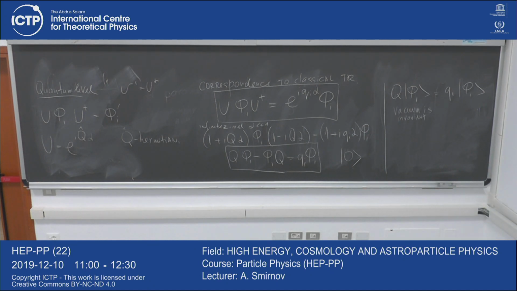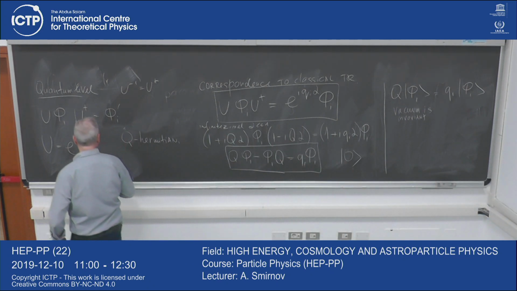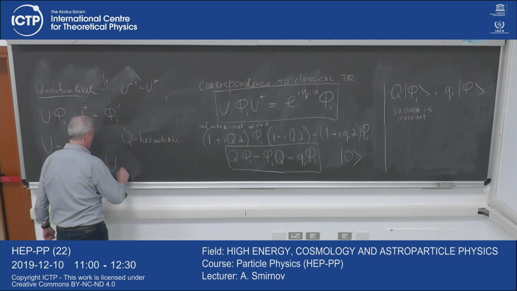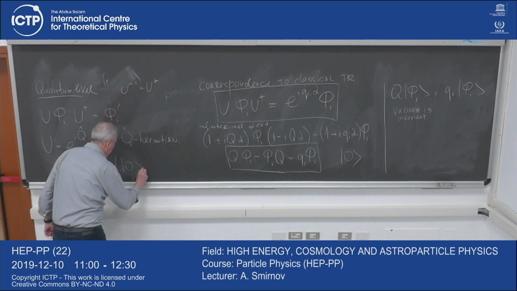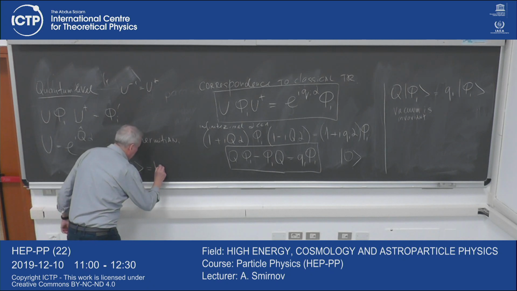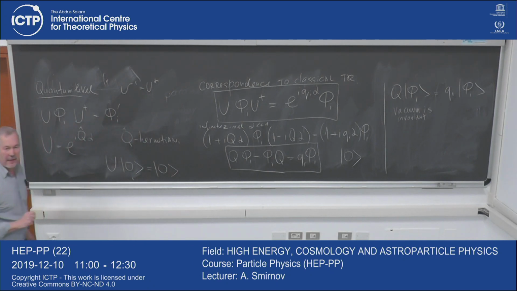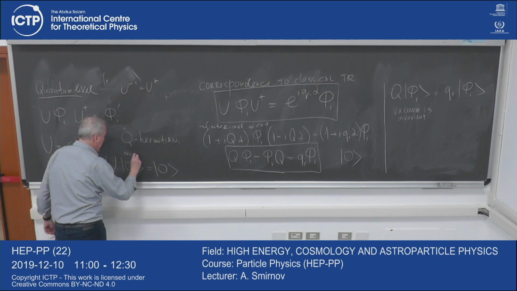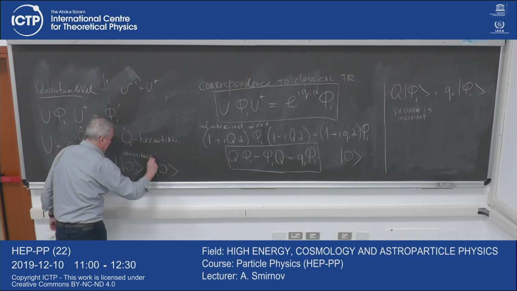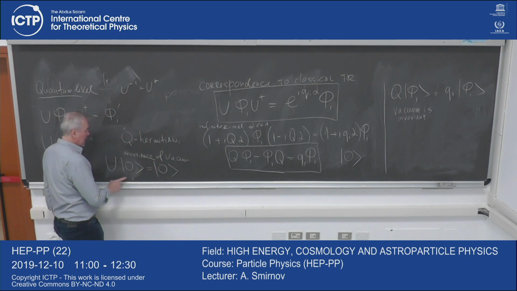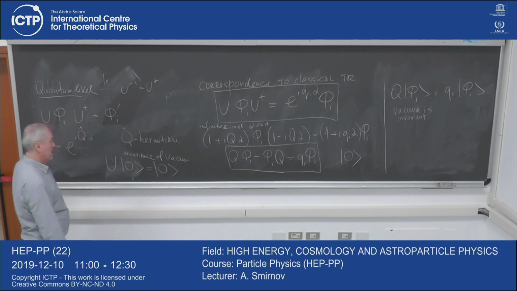When you say the vacuum is invariant, you mean that it is actually annihilated by Q? Okay, so the vacuum is invariant when I have Q. Sorry, that should probably be shown. Acting on the vacuum by my transformation, I should get the same. Okay, so this is the invariance of the vacuum, which means the transformed state is the same as the initial state.